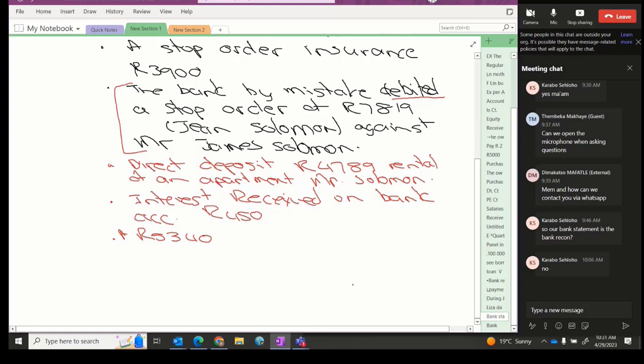Here a check from a client was returned from the bank, or they call it an RT, or referred to drawer.